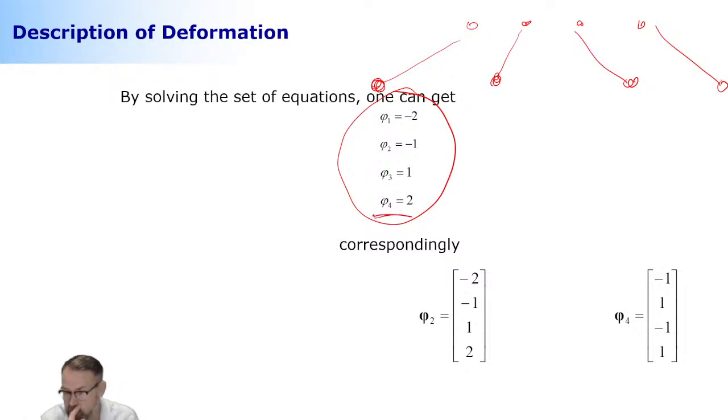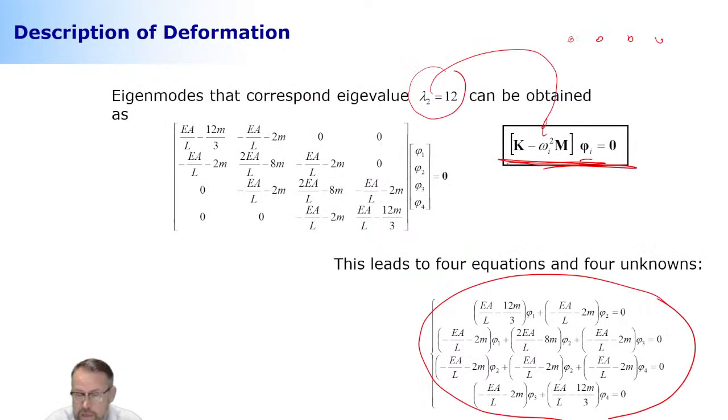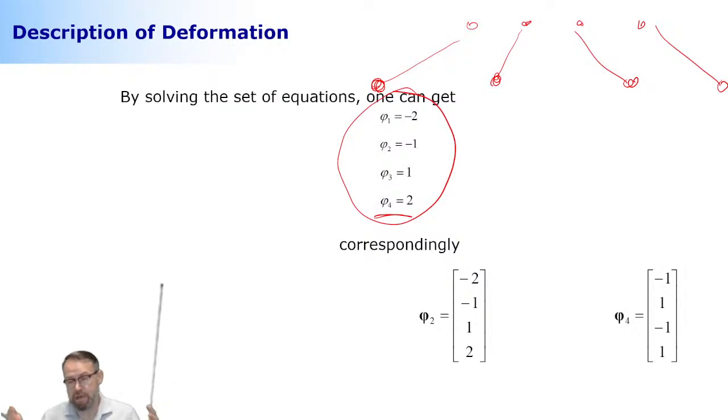And what is a funny thing? These numbers you can multiply by any number you want, and they're still going to fulfill this original equation. Multiplying them by any number is called scaling. Sometimes it makes sense to scale these numbers, because computers love numbers that are close to 1.